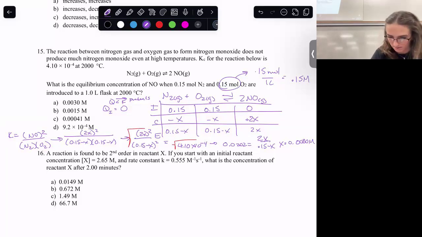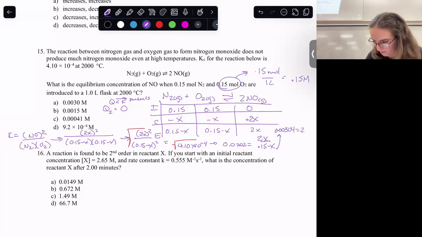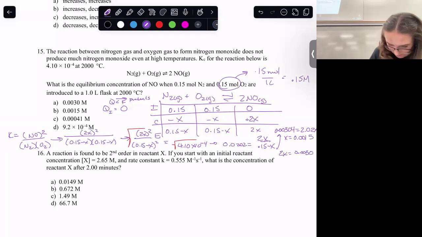So x is equal to 0.0015, and then we need 2x, which is 0.003. Sorry.